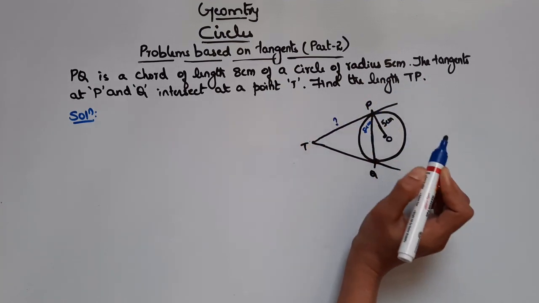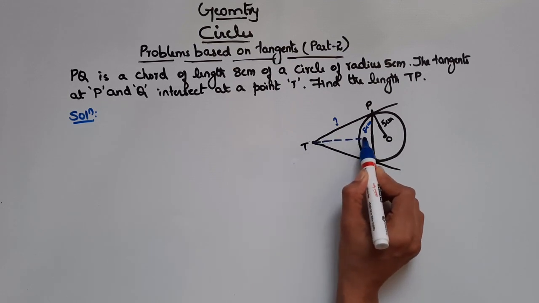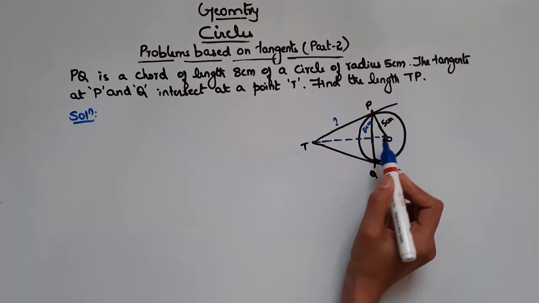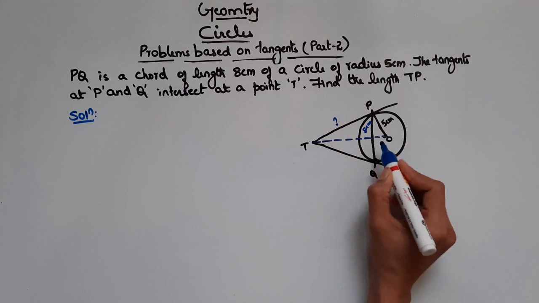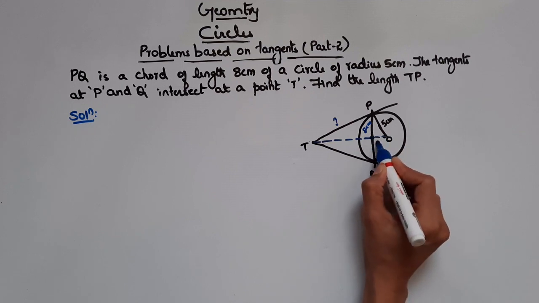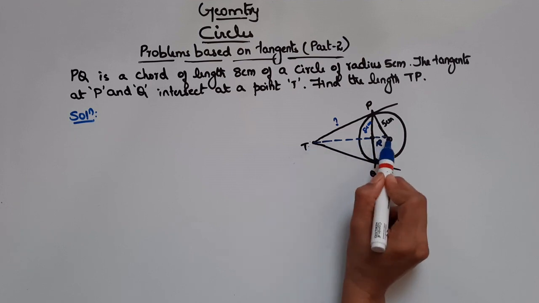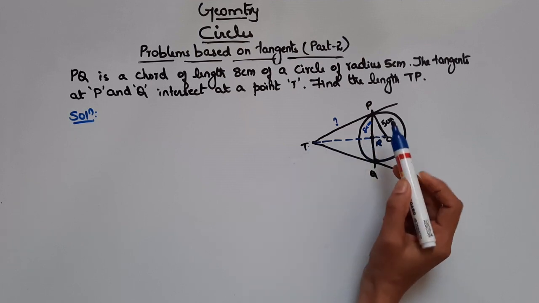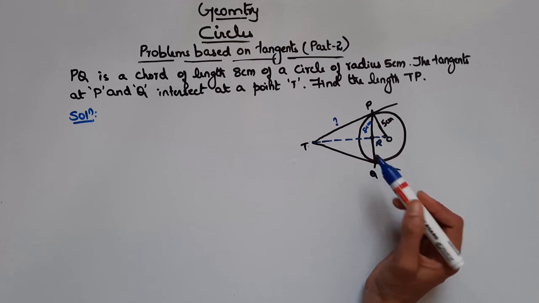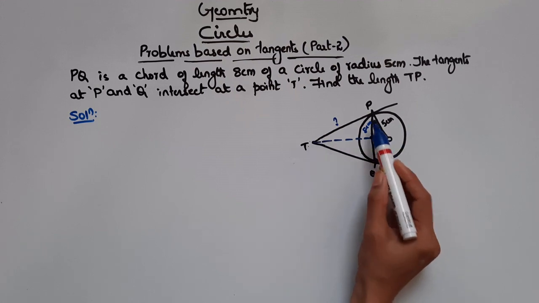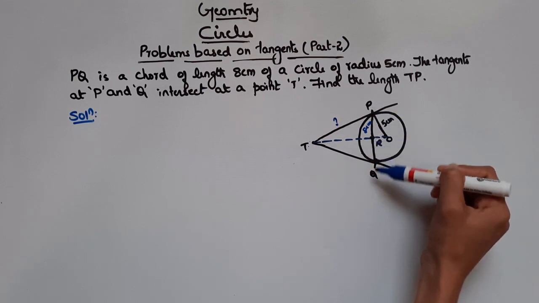First let's join OT. The point of intersection of this line OT and PQ, let's take this point as R. Alright. Now if you see, line TO is the angle bisector of angle PTQ. That means this line bisects this chord, which means PR is equal to RQ.